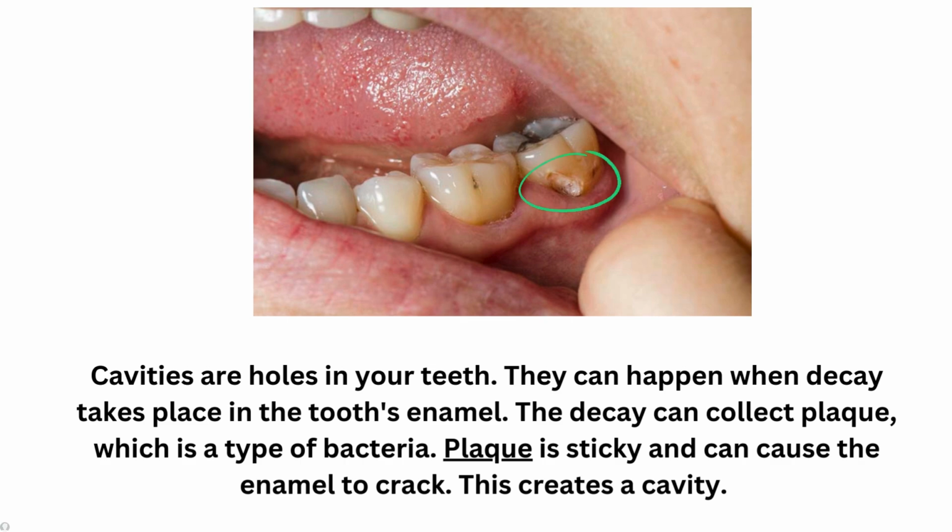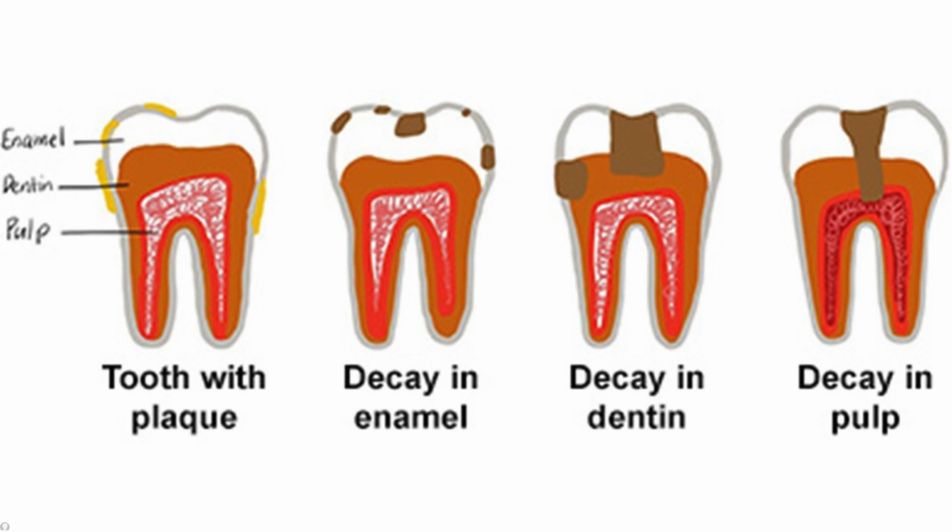Now let me explain to you in detail how dental caries develops. First of all, you'll have a layer that is plaque. This plaque is not the same as calculus.